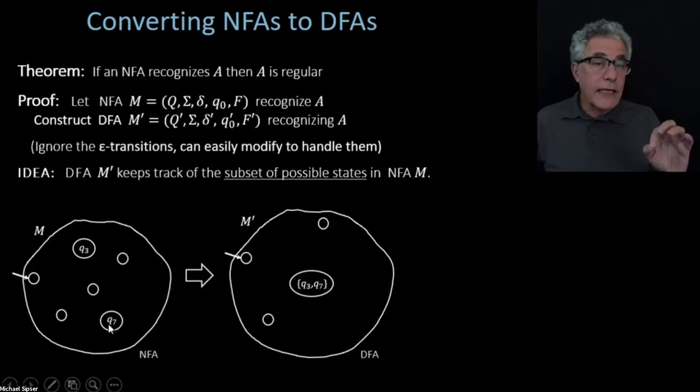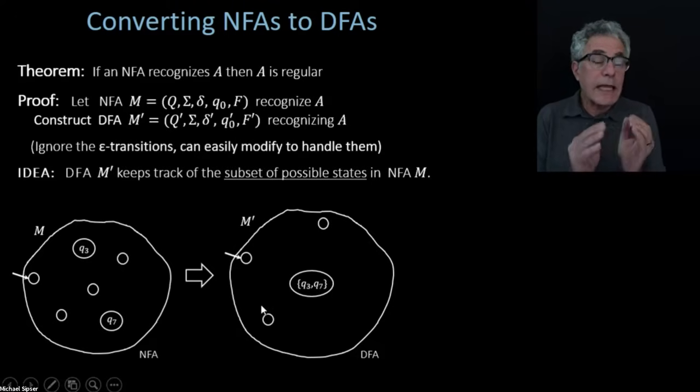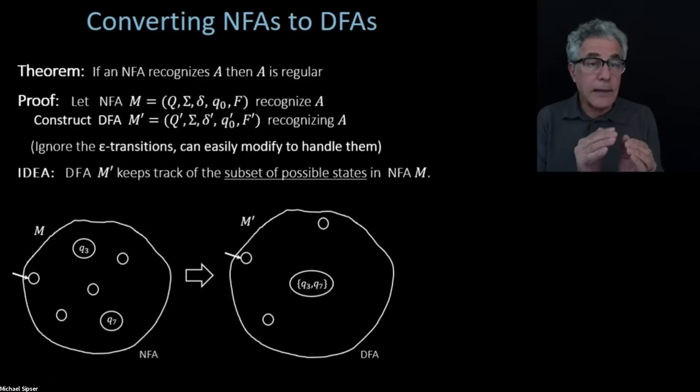The way the DFA keeps track of that, it's going to have a state for every possible subset of states of the NFA. That's how it remembers which subset of states the NFA is in. That's the way DFAs work. They have a separate state for each possibility that they need to keep track of.